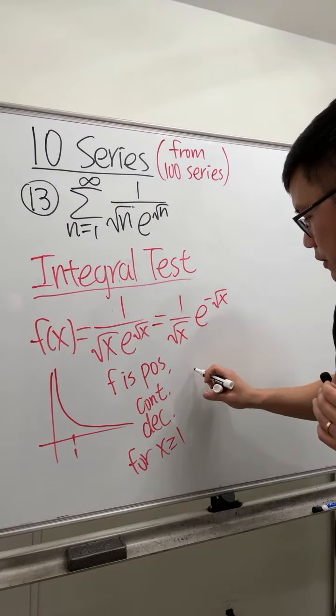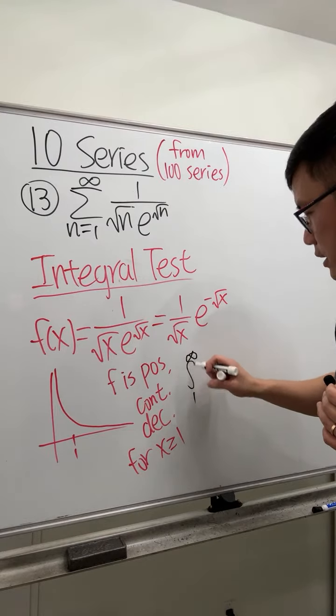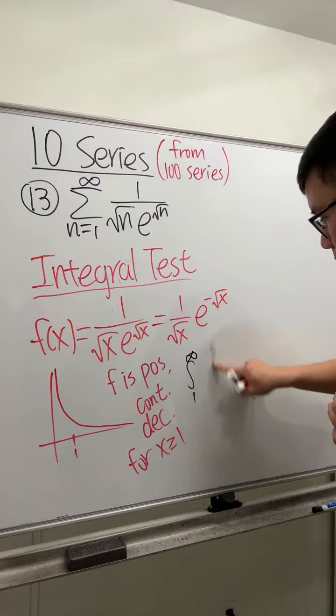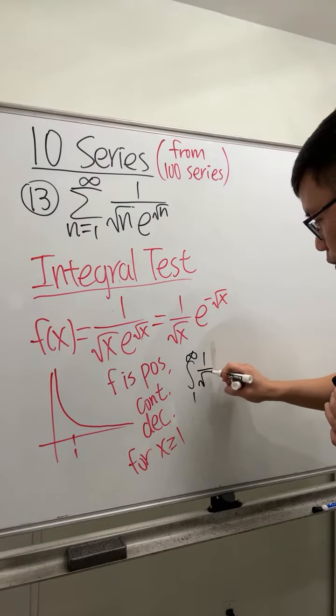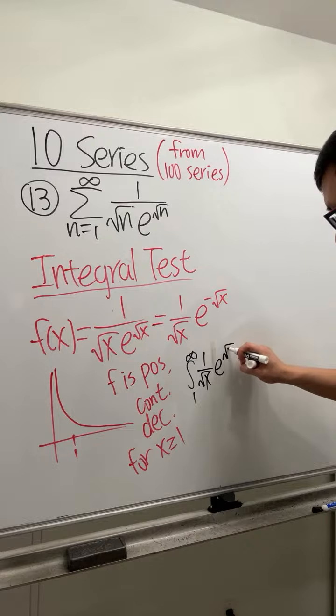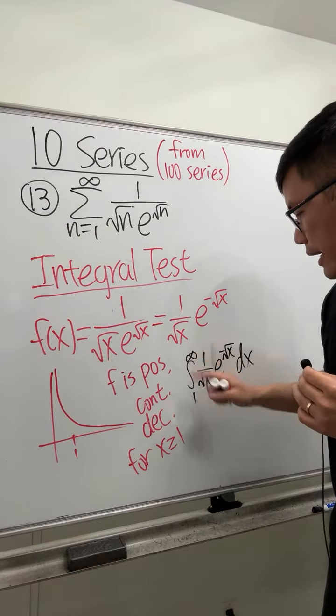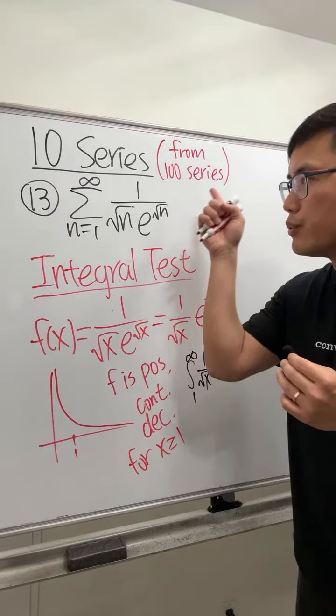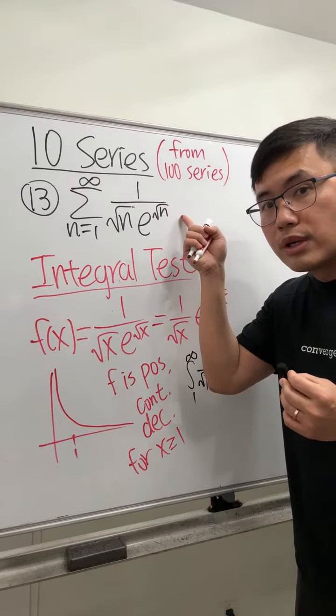So you can go ahead and check the integral. You go from 1 to infinity of our function, which is that 1 over square root of x, e to the negative square root of x. And if this right here converges, then we can go back to this right here and say this right here also converges.